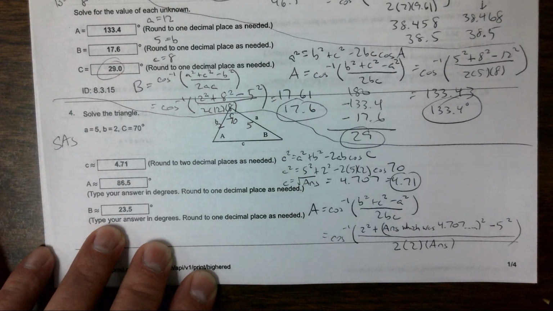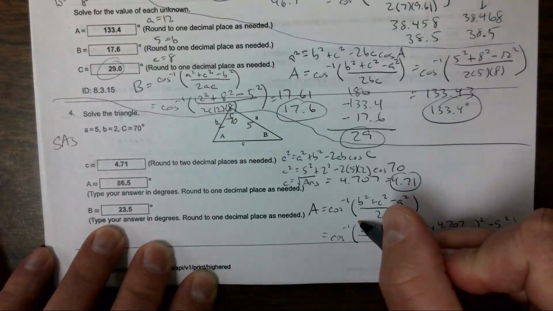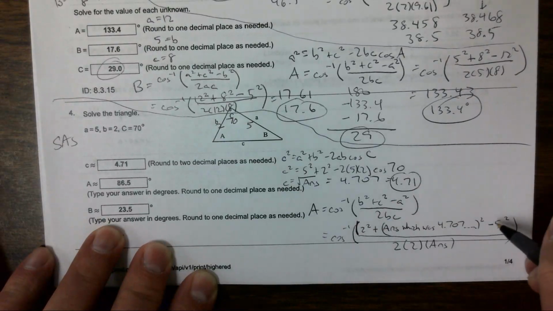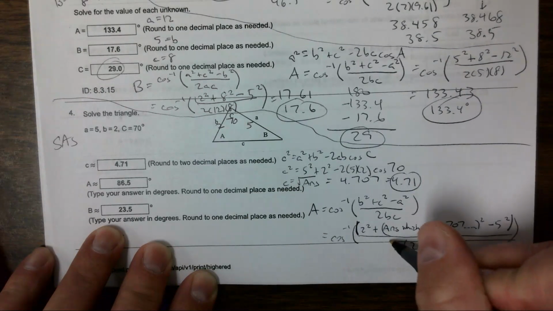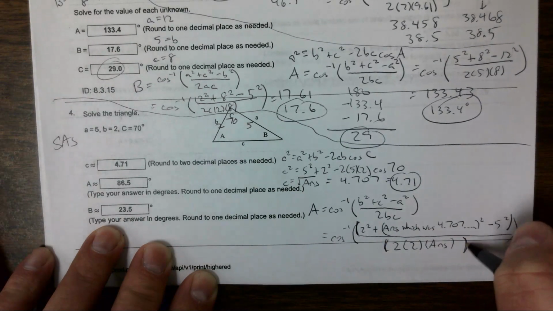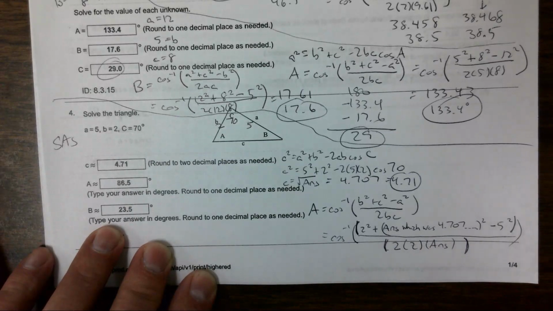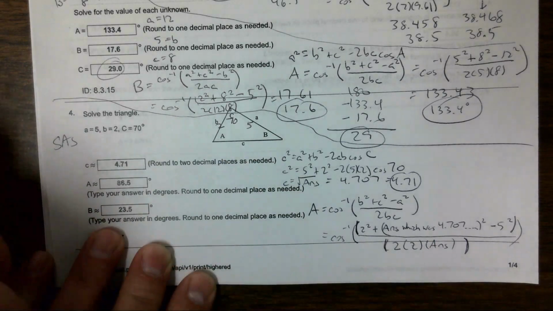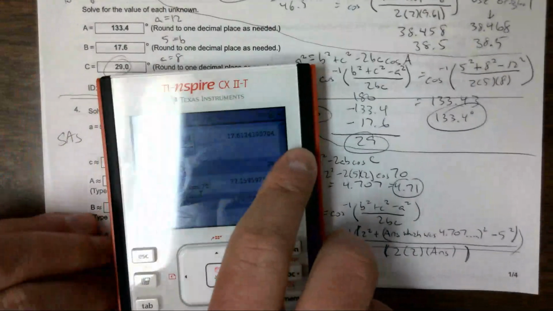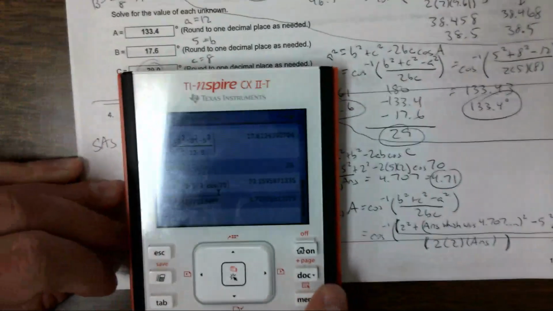Now, when you're typing this in the calculator, you may have to use parentheses for the top and parentheses for the bottom, because you don't want to accidentally make these parts go out to the side. Okay, so let's get that.